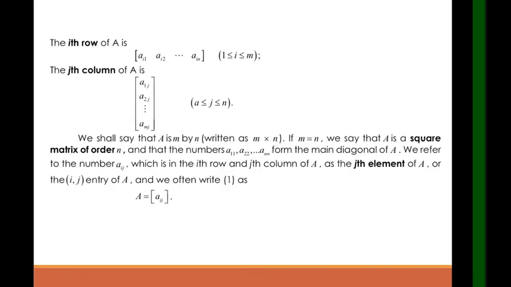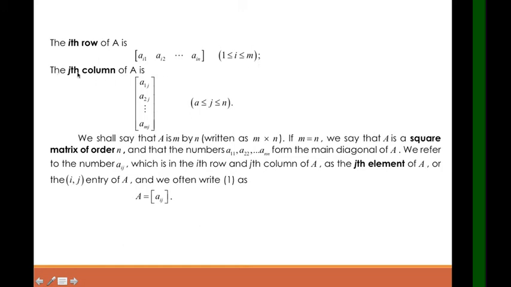The ith row of A is A sub i1, A sub i2, ellipses up to A sub in, such that i is greater than or equal to 1 and less than or equal to m.